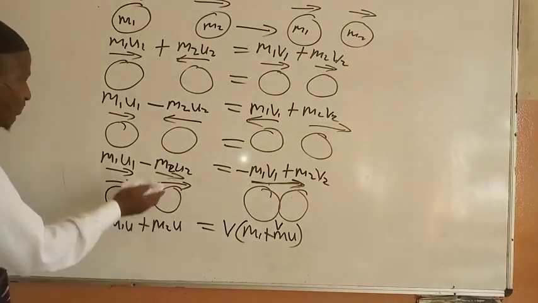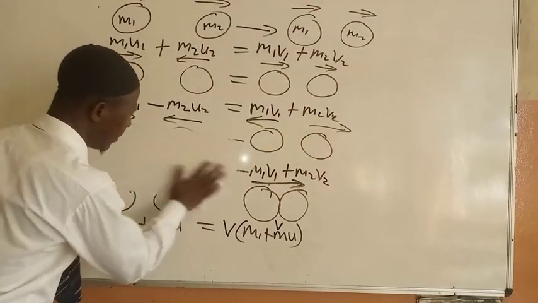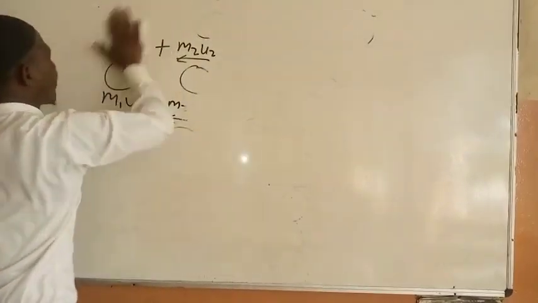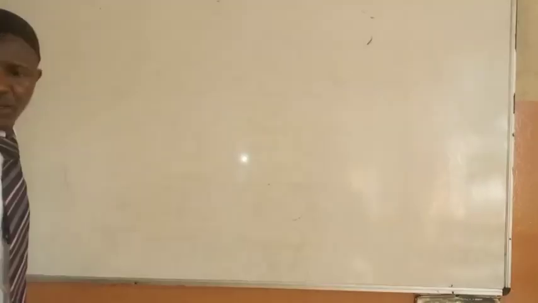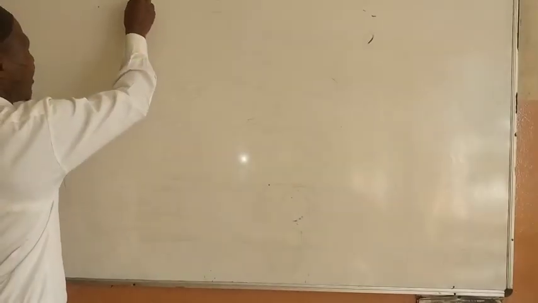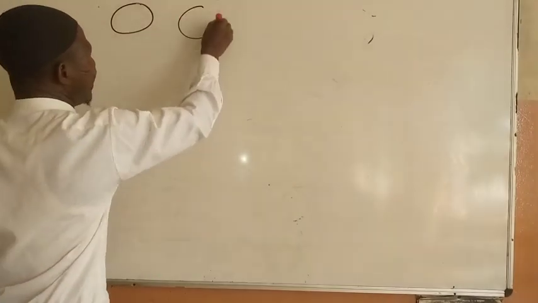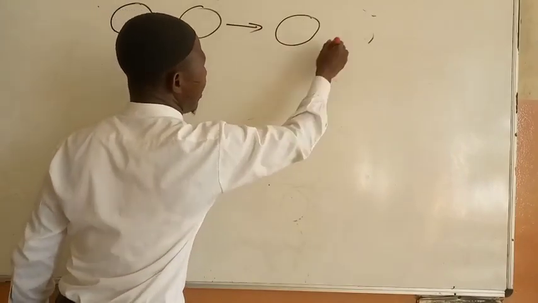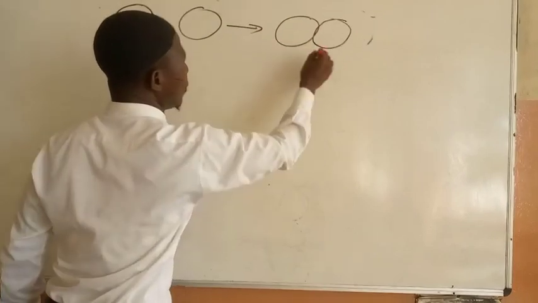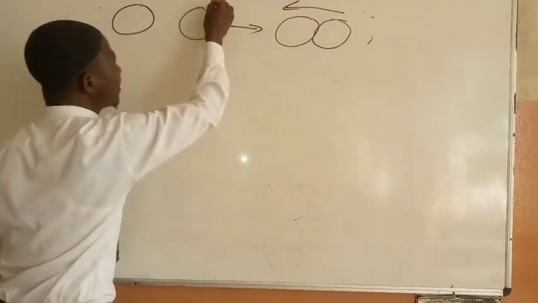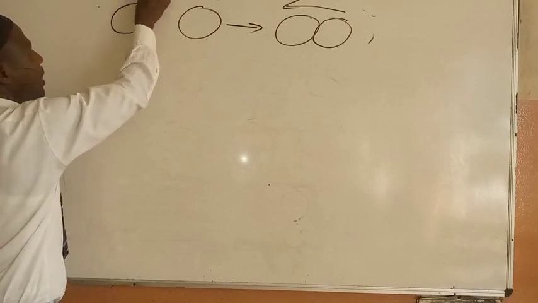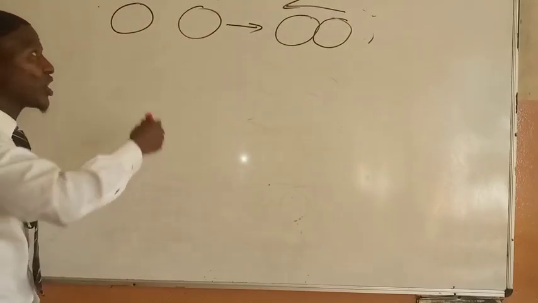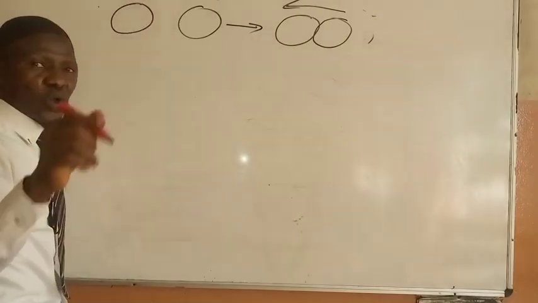Now let's check another form. We can still have it like this. We have this one, and this is M2. After collision, this one is coming like this, and this one like this. Just look at the arrow, and you get the arrows from the question itself.